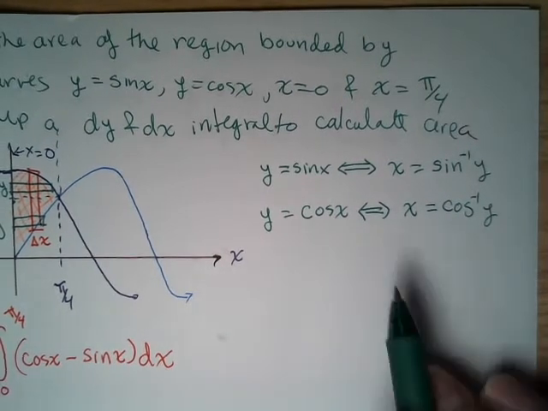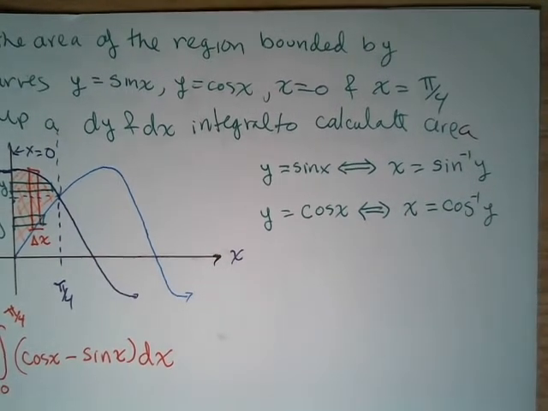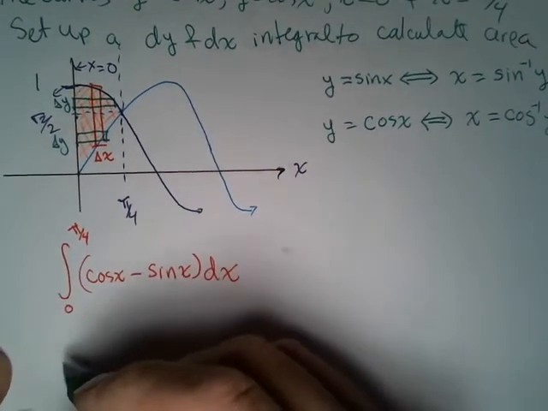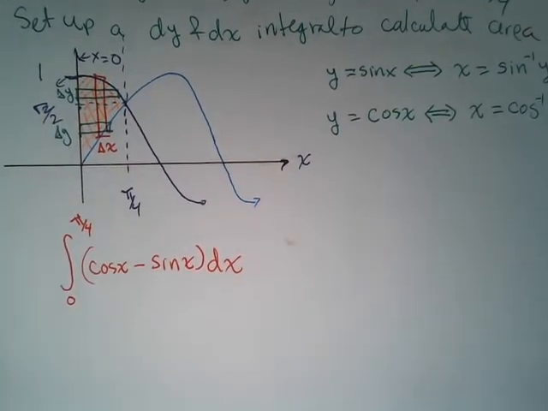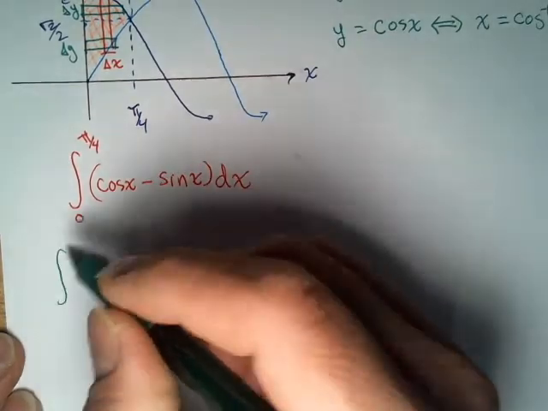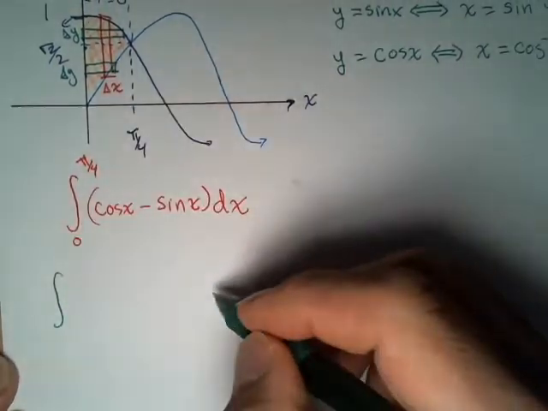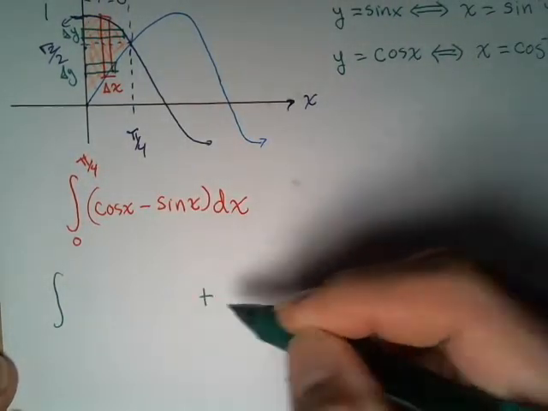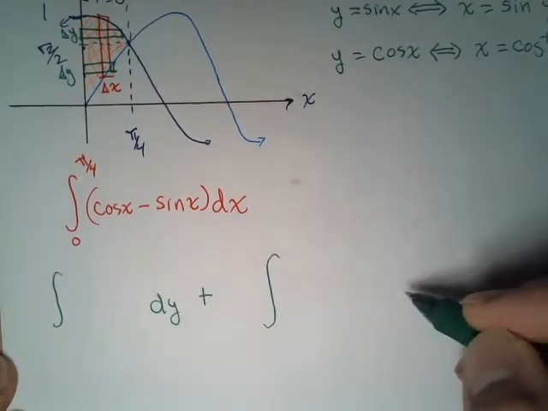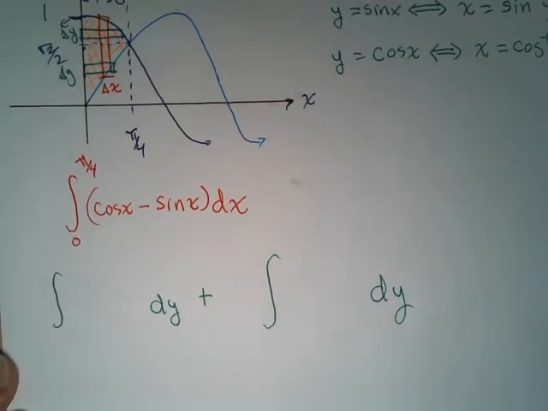All right, so those are going to be the curves, or the equations, that I use in my dy integral. Okay, so now let's look at what that is going to look like. Since we do have a change, I know I'm going to have two separate integrals, dy, dy.